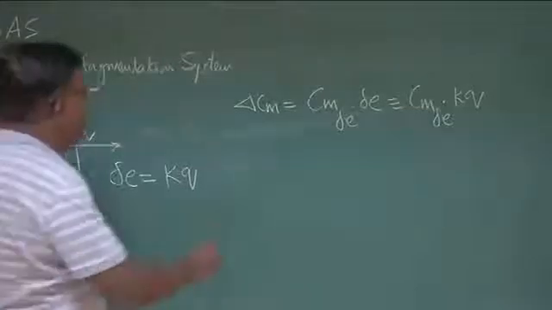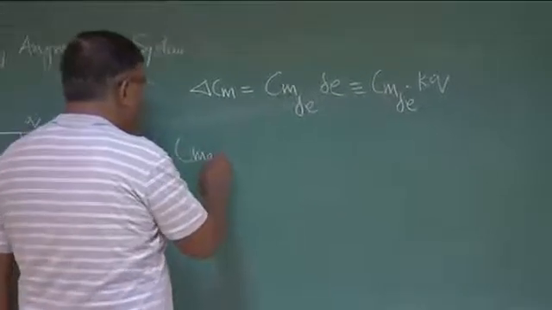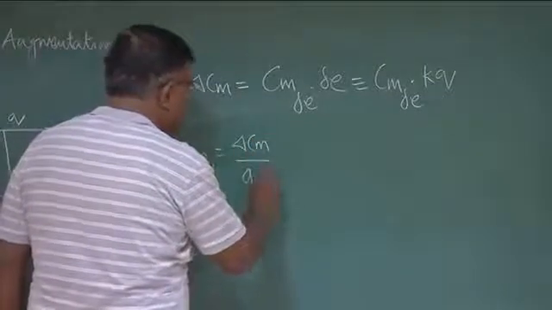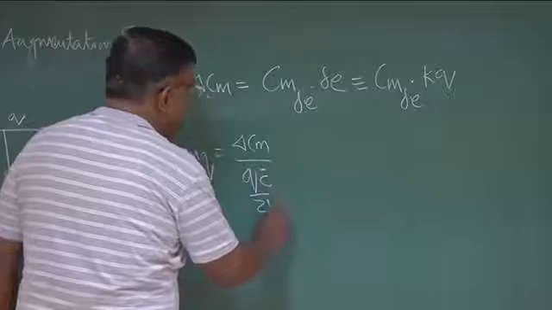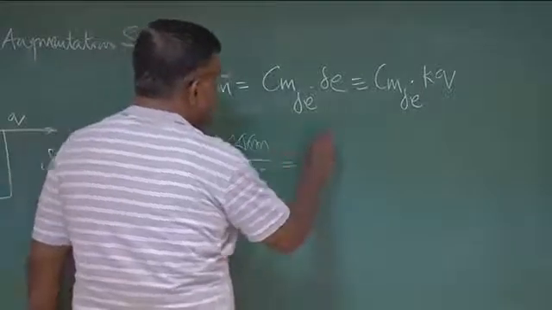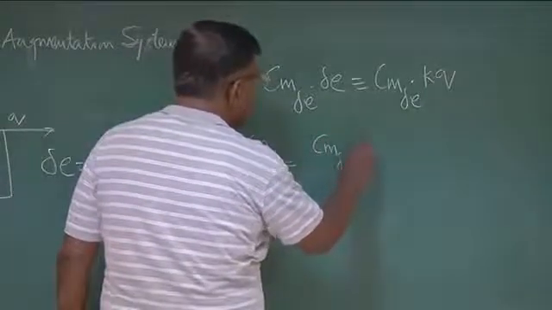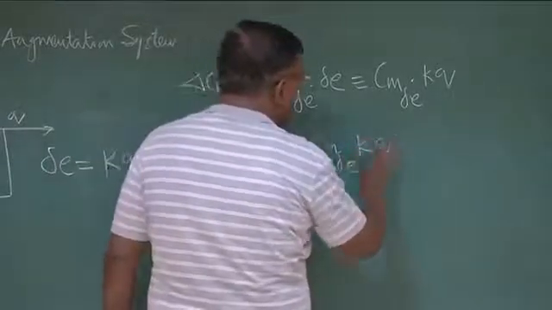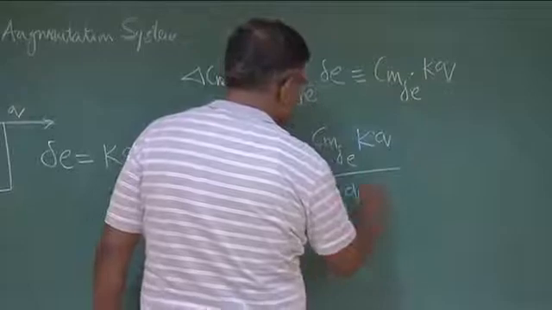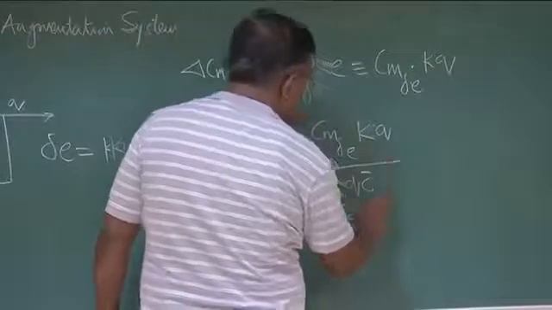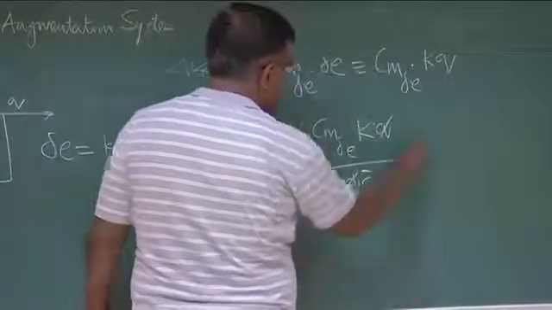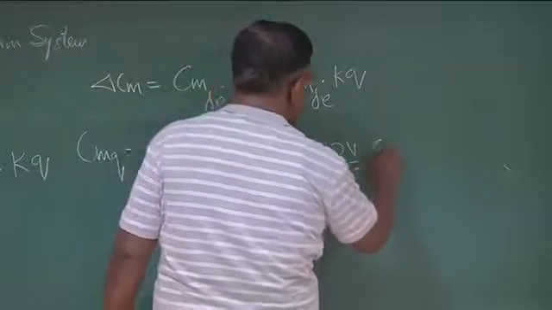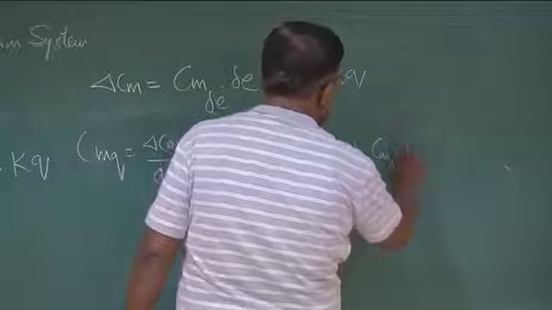And CMQ is defined as delta Cm by Q C bar by 2V. So I write this as Cm delta E into delta E, which is KQ divided by Q C bar by 2V. So Q gets cancelled. So this becomes 2V by C bar into Cm delta E into K.